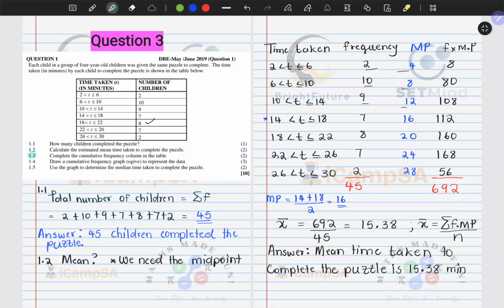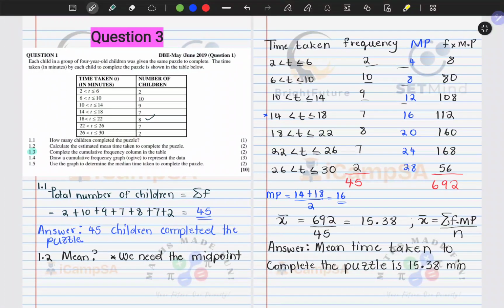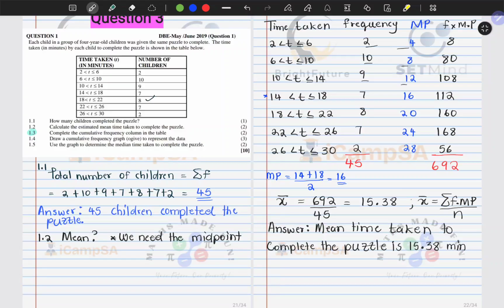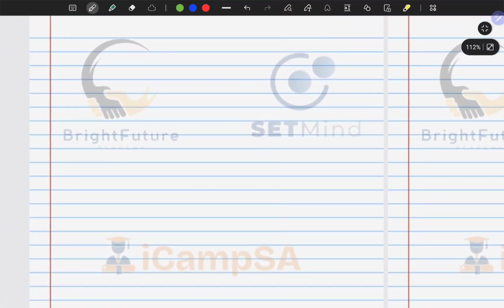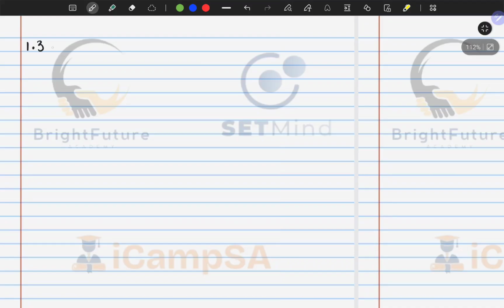Let's go to 1.3, where we are required to complete the cumulative frequency column. So let's create some space and have a look at 1.3, where we are required to figure out the cumulative frequency.